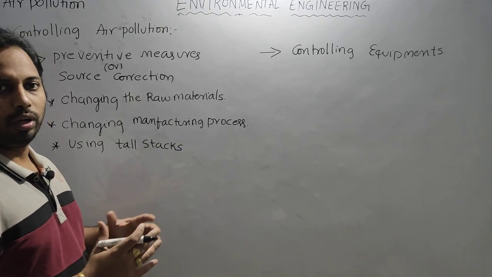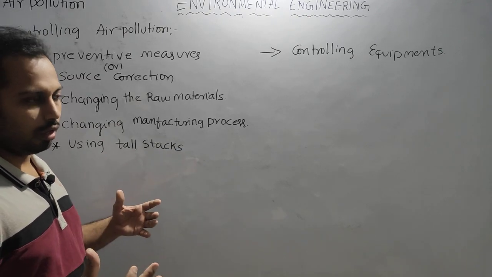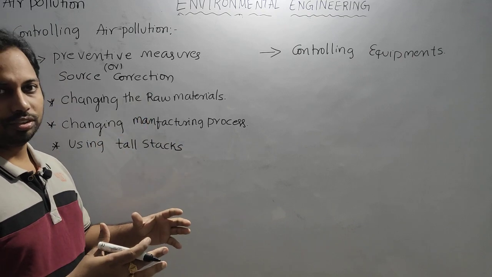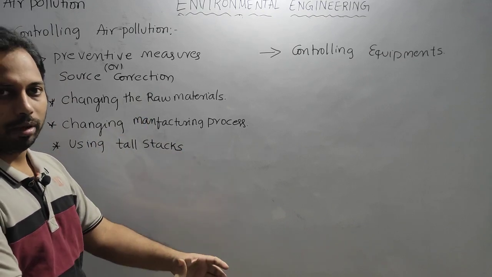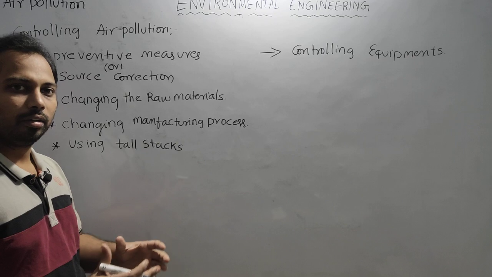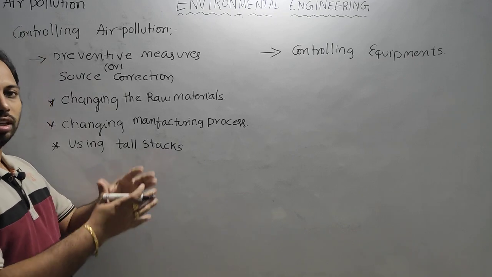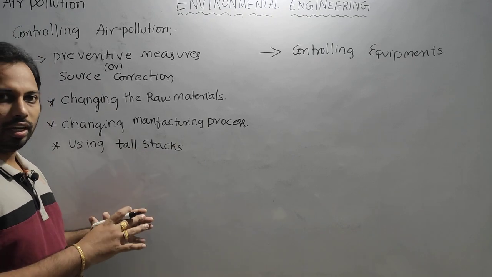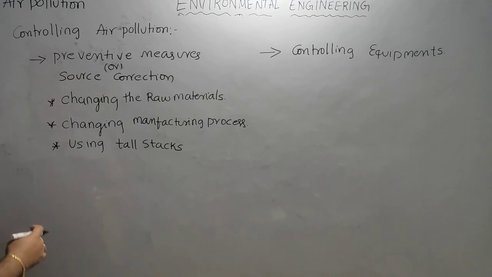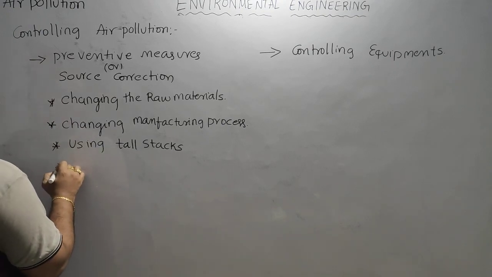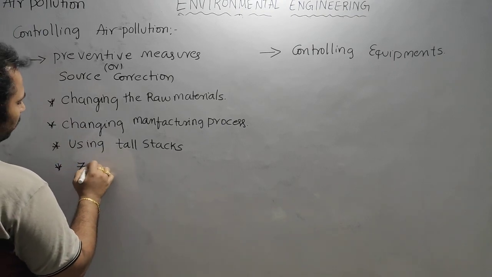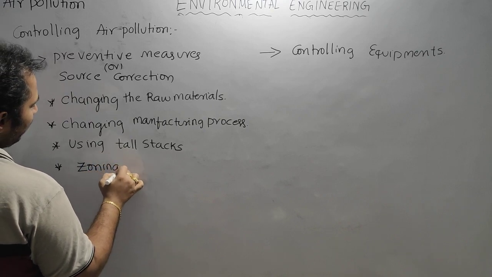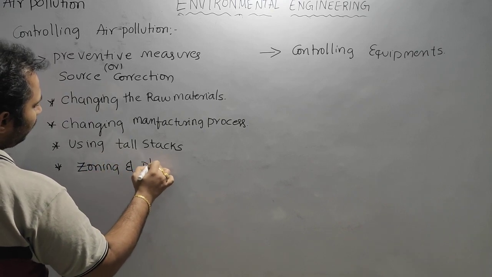During town planning and all, these industrial zones should be kept far away from the residential zone, such that these pollutants can be collected separately and treated separately. That is again a preventive measure at source. That is called zoning and planning.